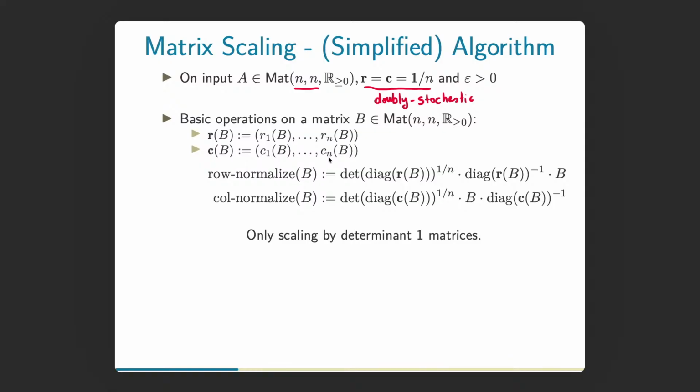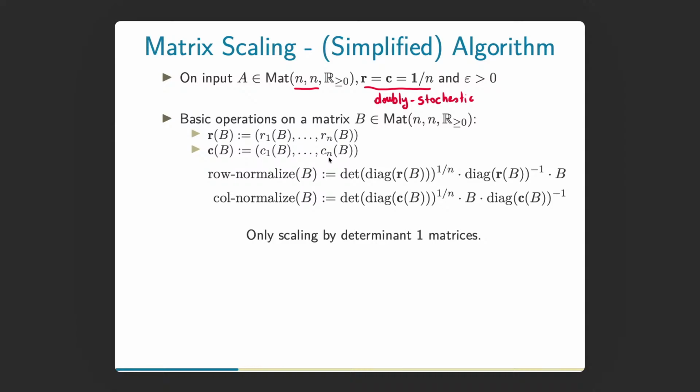Here are basic operations on a matrix B. I have a square matrix B, and here is my vector of rows and my vector of columns. By the way, every time I write diagonal of a vector x, it is the diagonal matrix with x1 up to xn.